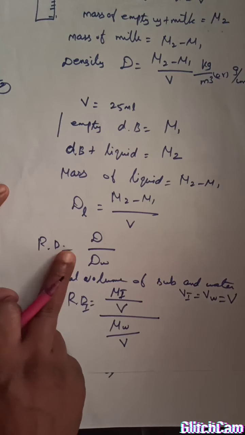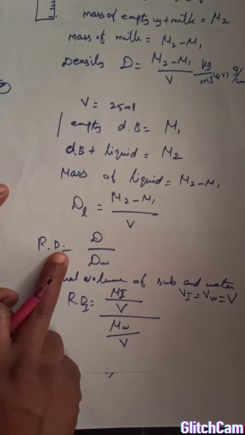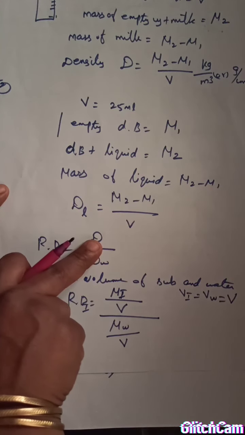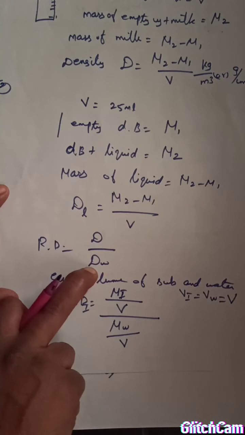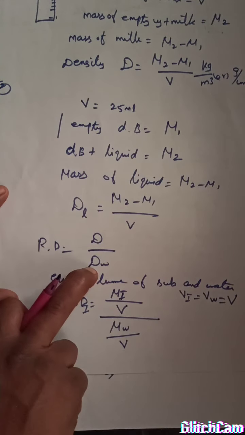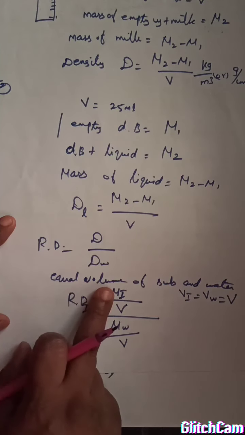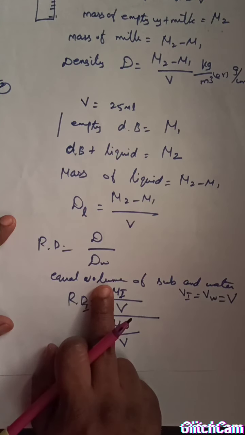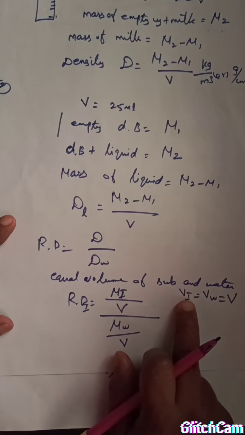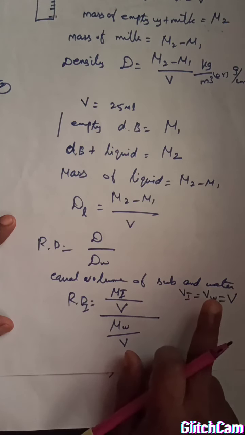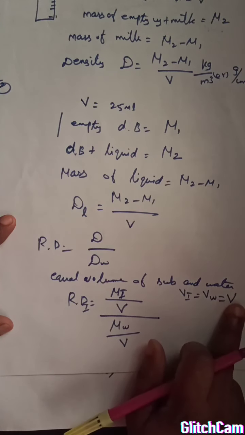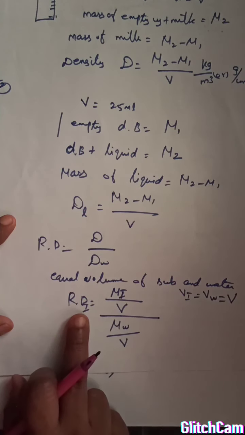The relative density of a substance is the ratio of the density of a given substance to the density of water at 4 degree Celsius. Under a special case, if both substances are in equal volume, and in our example we are considering iron and water, then the volume of iron is equal to the volume of water, denoted with the letter V. So how do we rewrite the relative density of iron?